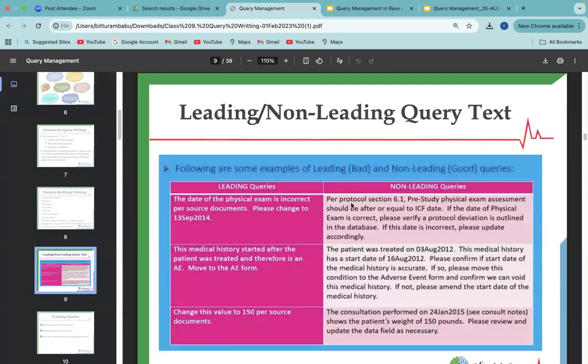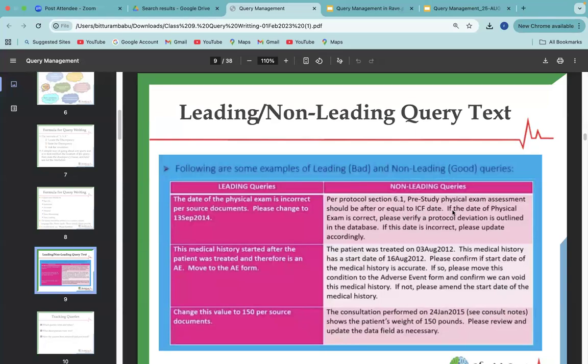So "per protocol" means they're telling them we have a basis in the protocol, we have evidence that your trial needs to be according to the protocol. As per protocol 6.1 paragraph, pre-study physical exam assessment should be equal after IC update.